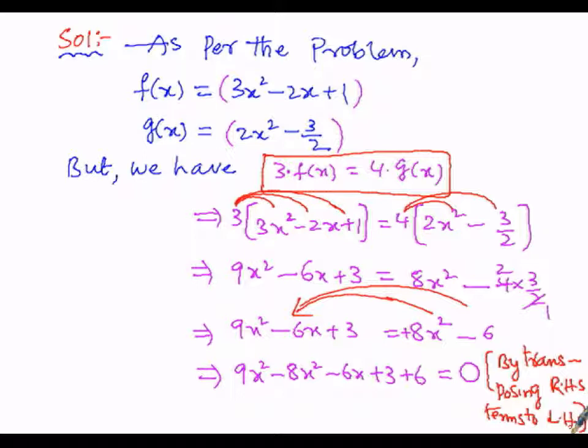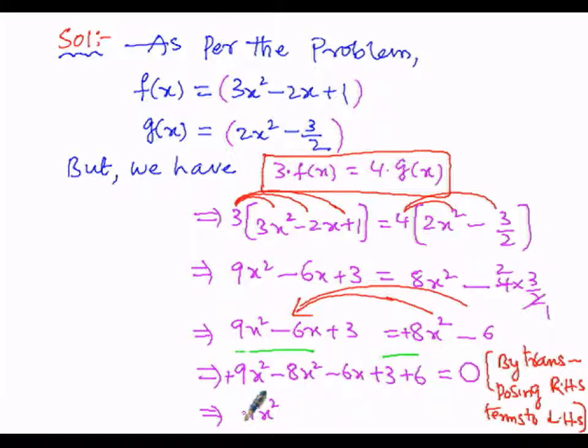Now by simplifying further, these two are like terms, the square terms, and these constants are like terms. The x term is only one, so we can write minus 6x as it is. Here 8 is negative and 9 is positive, plus of minus is minus, so let us subtract: 9 minus 8 is 1, that is 1x square.